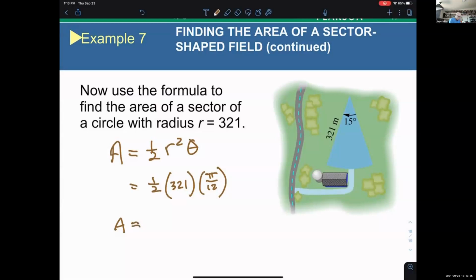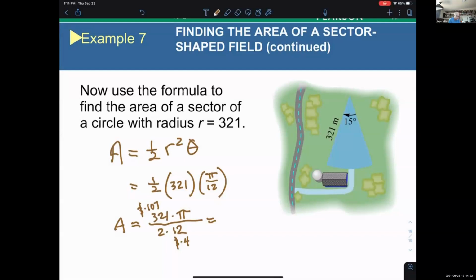So I'm going to get initially 321 squared times pi on the top and 2 times 12 on the bottom. And 321 is 3 times 107, and 12 is 3 times 4. So I'm able to cancel a couple of 3s, but I only then get 2 and 4 on the bottom.